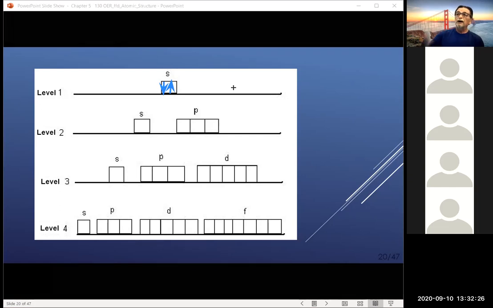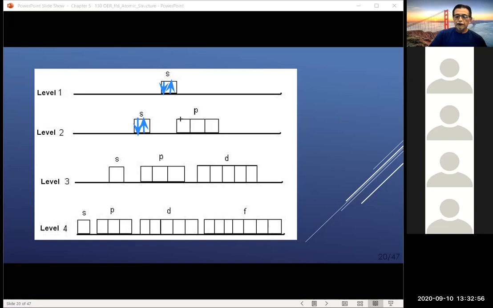If I wrap around to lithium, which has 3 electrons, 2 of them will go in the 1S, and the next one will go in the 2S, the next level up. I continue to move across to beryllium, which has 4 electrons, and that fills this up. Then I shoot across to boron.